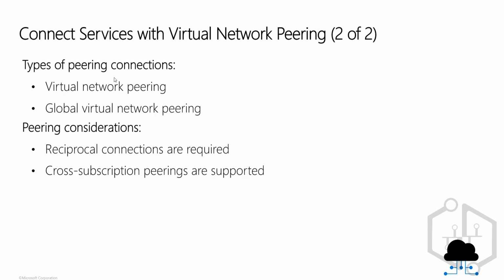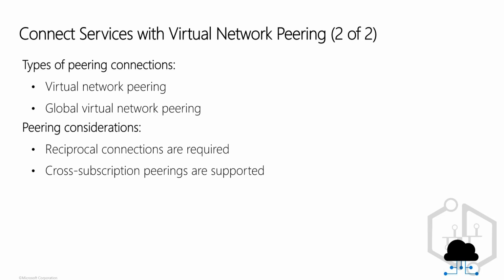Whereas global VNet peering would mean these are two different regions, Southeast Asia and East US, something like that. So between two geographically separate regions, you are establishing a VNet peering.